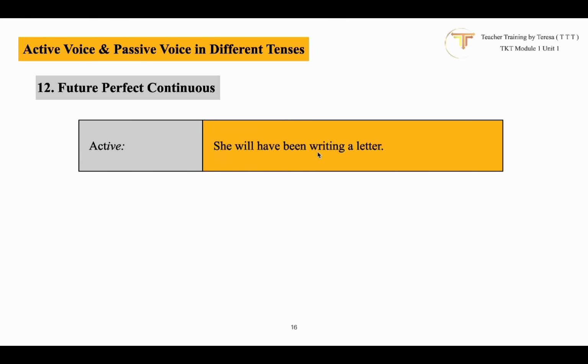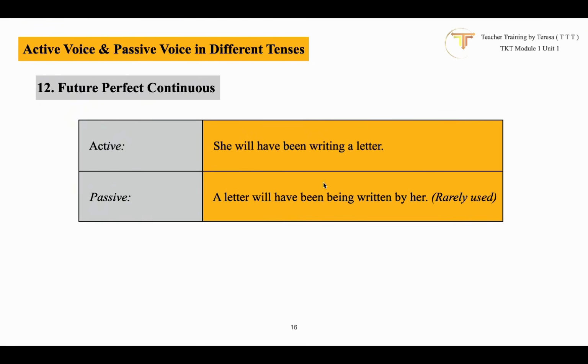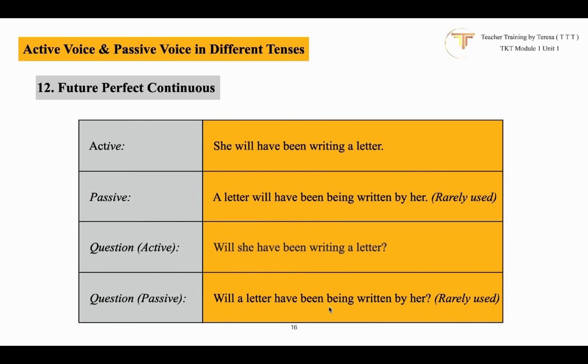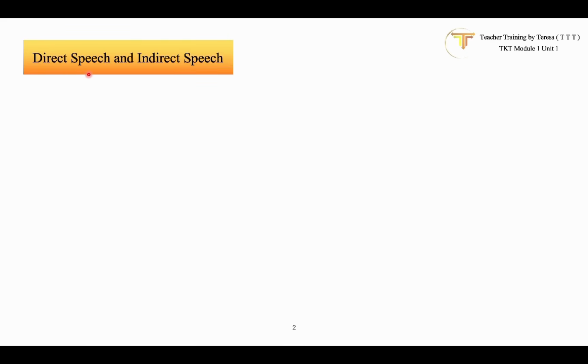She will have been writing a letter. A letter will have been being written by her. Rarely used. Will she have been writing a letter? Will a letter have been being written by her? Rarely used.